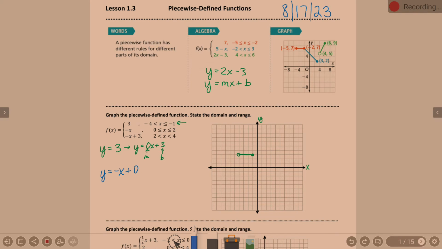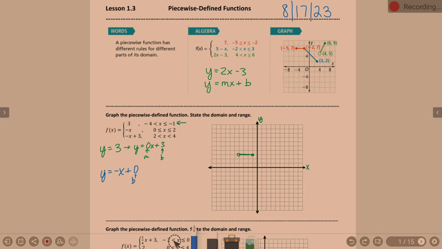What do we know about slope and y-intercept? Y-intercept is what? Right, and what's my value there? 0. That's the 0 I tagged on, isn't it? Okay, so we know whether it's going to be part of this line or not.